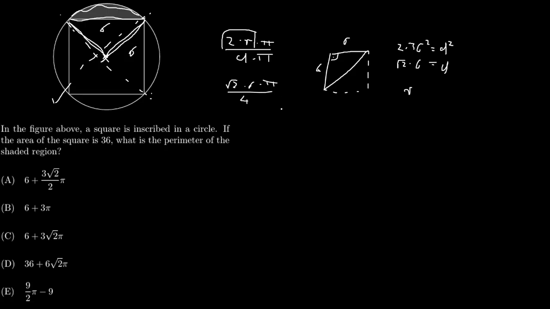And we simplify that, so that would be equal to 3 times the square root of 2 times pi over 2. And for the total perimeter, we have to add this 6. So we just have 6 plus that for the total.